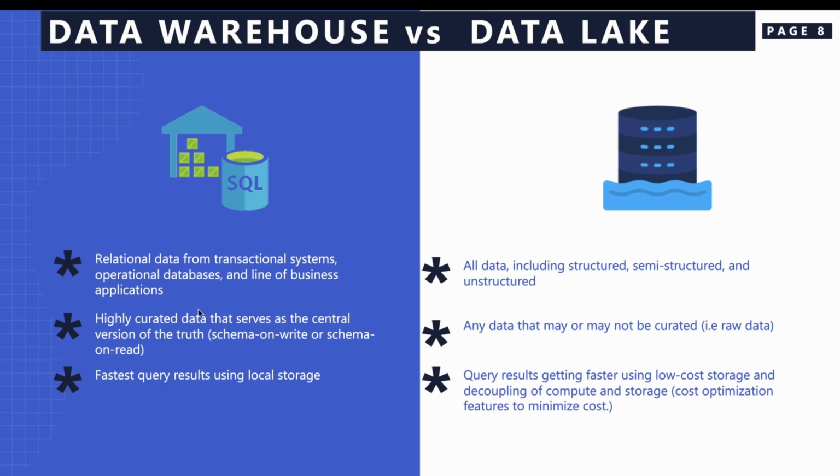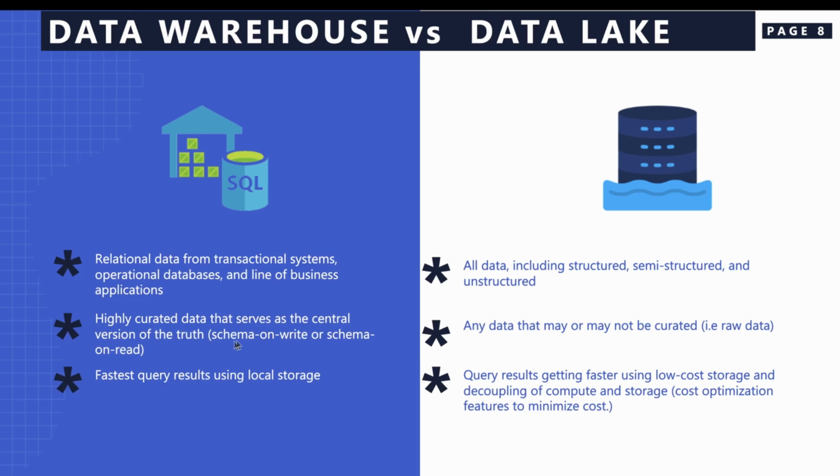And in a data lake, all data including structured, semi-structured and unstructured data exists. The second point says that a data warehouse holds highly curated data that serves as a central version of the truth, with schema on write, or schema on read in the lake. The data inside a data warehouse has a predefined schema.